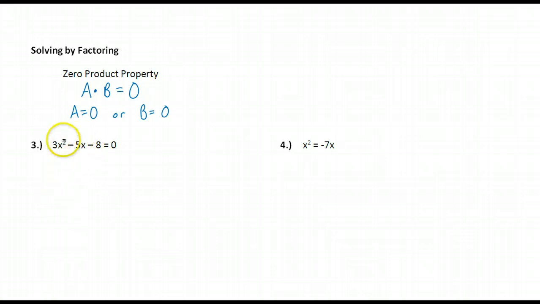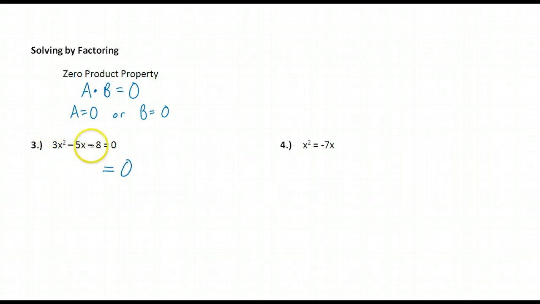The reason I can't solve for x directly in this problem is that I have x twice in this problem. I have an x squared and an x. And no matter what I do, I can't just solve for x directly. Instead, I need to use the zero product property. I already have this set equal to 0, so I want to keep that.